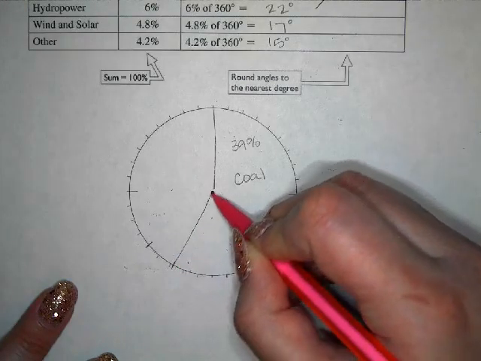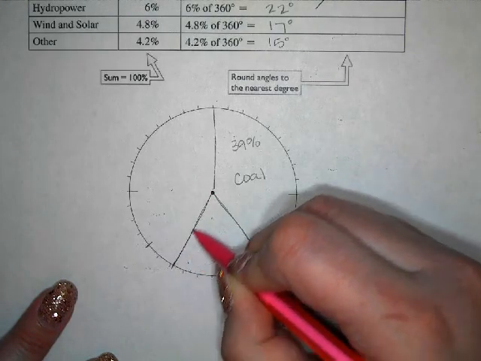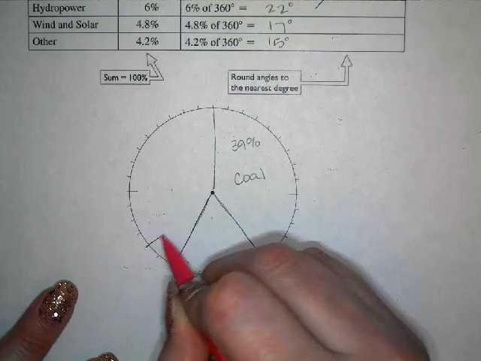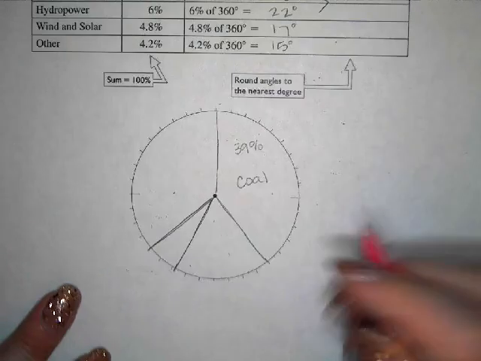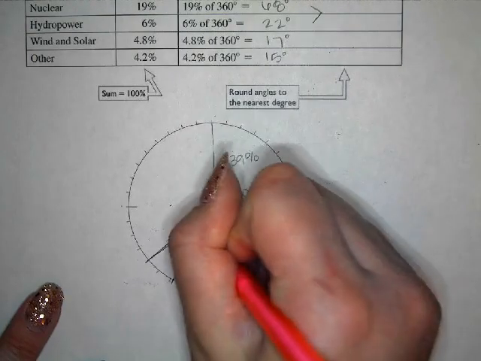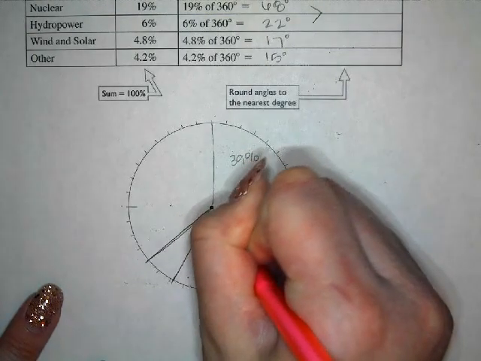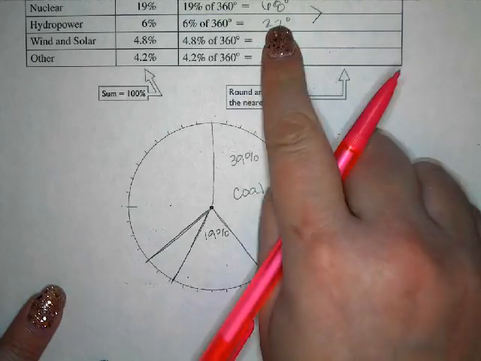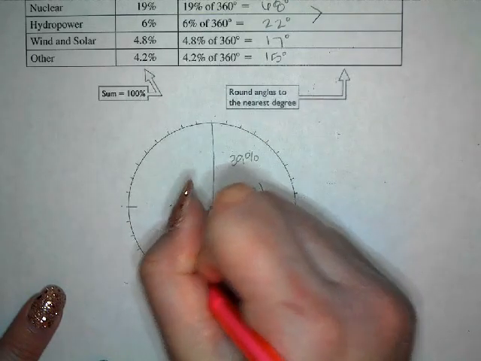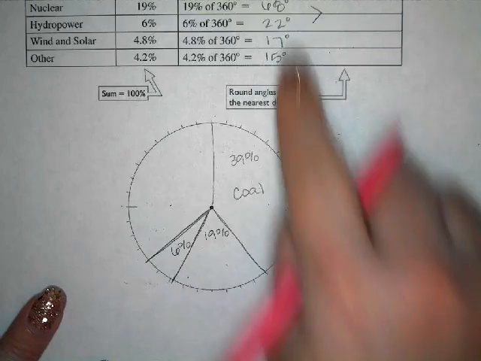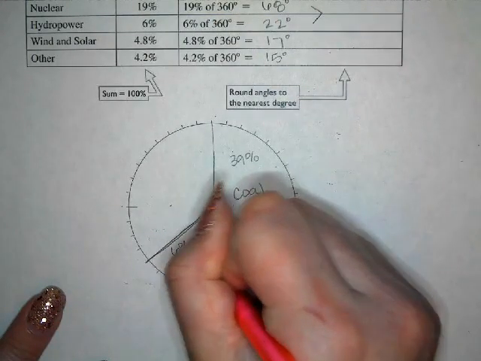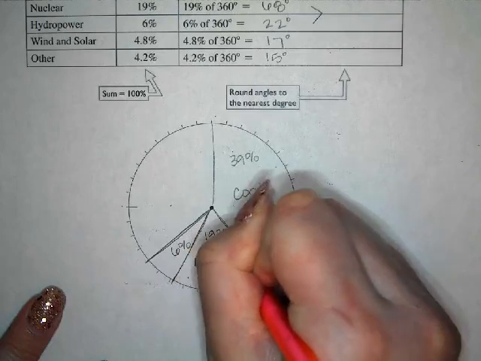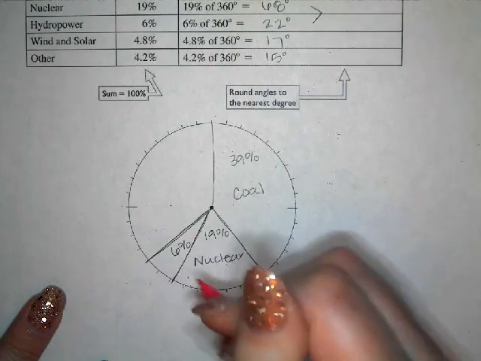So 68 degrees was 19%. 22 degrees is 6%. My 19% was nuclear. My 6% was hydropower. Okay, so these are done.